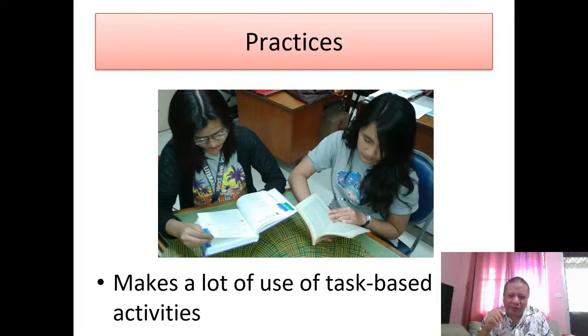The tasks produce collaborative creation of meaning. The task produces genuine situations where you really need to use language communicatively.